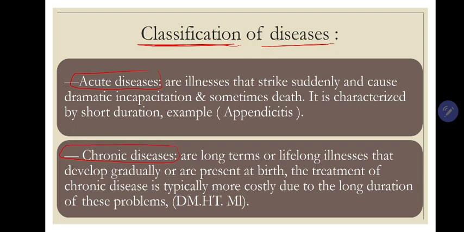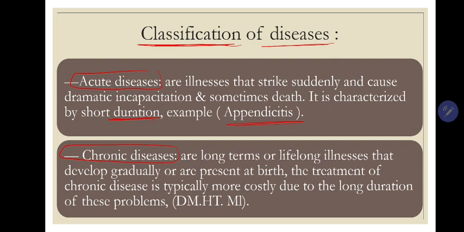The acute diseases are illnesses that strike suddenly, and cause dramatic incapacitations and sometimes even death. The acute diseases are characterized by short duration, and the typical example is, for example, acute appendicitis.